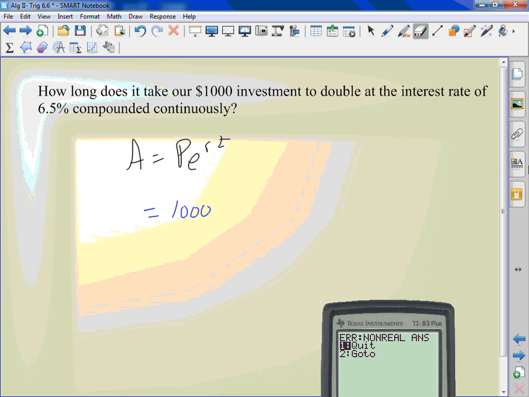My P is 1,000. My rate is still 0.065. I want to find out the time. Now I want my amount to double, so it's 2,000. In other words, 2 equals e to the 0.065t.